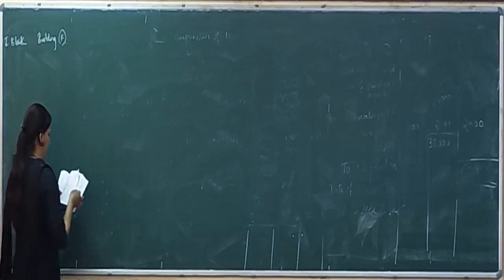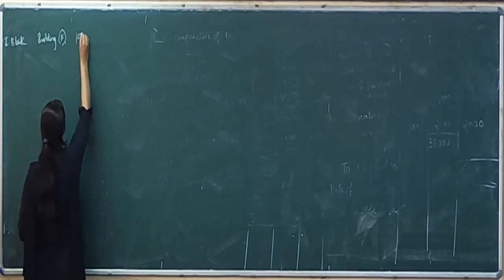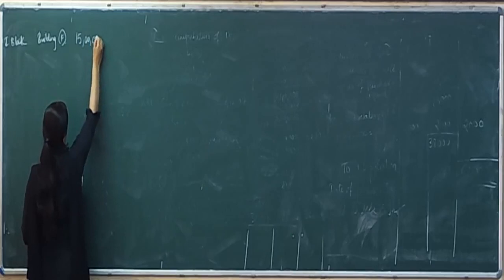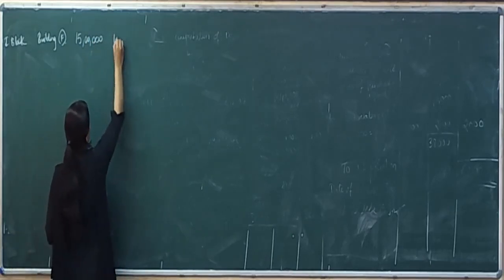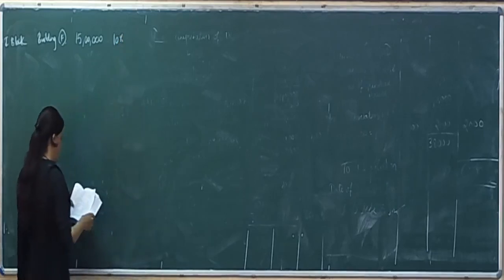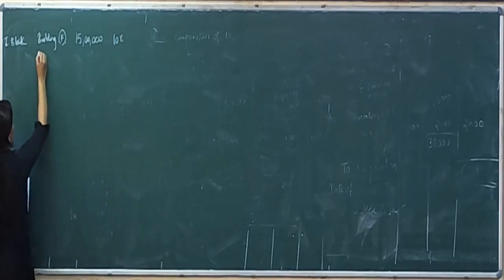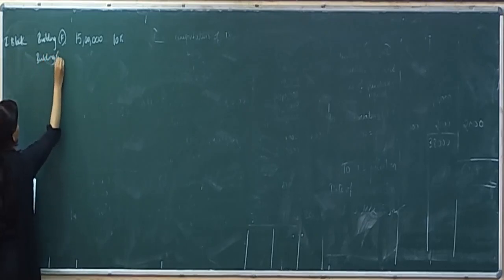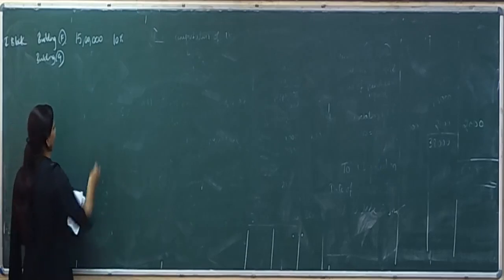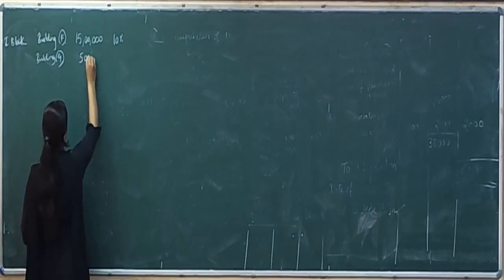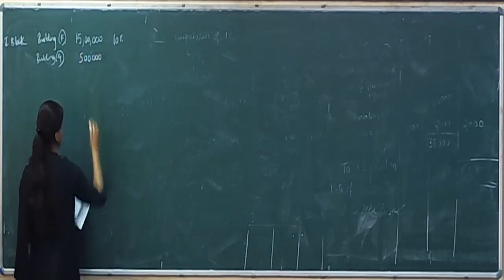Okay, it is written down value. The rate of depreciation is 10%. Next we have godown building, 5 lakhs.